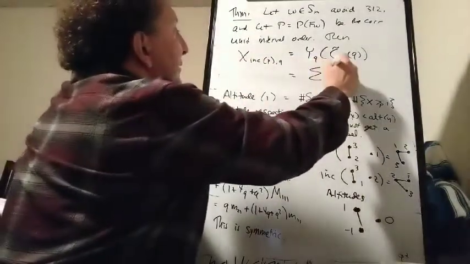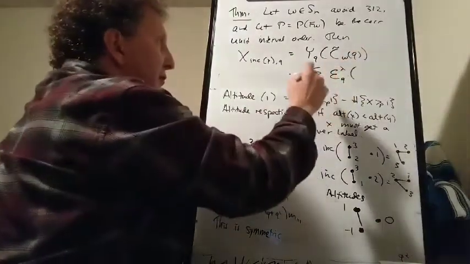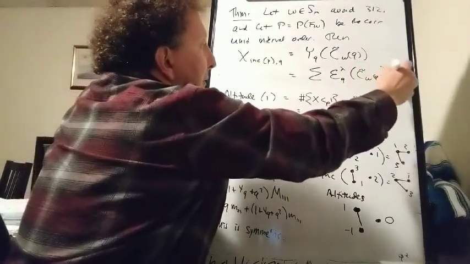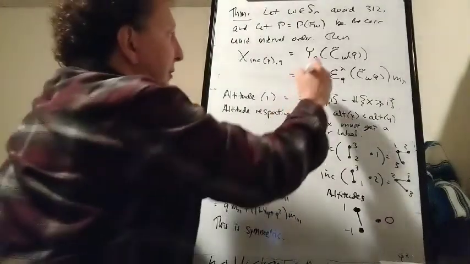That is the sum where we put the induced sign character evaluation next to the monomial symmetric function m lambda.